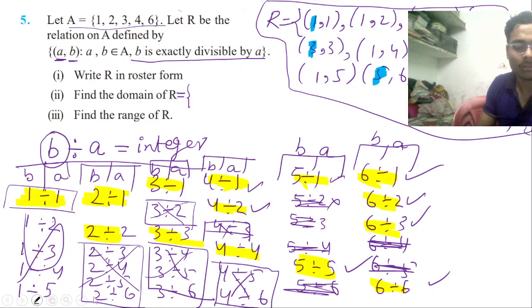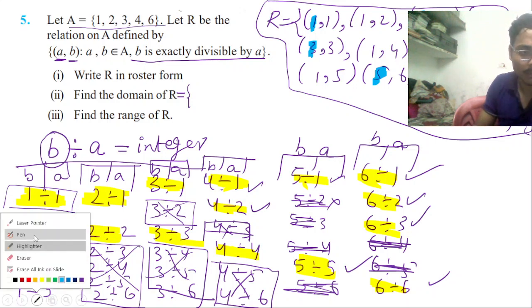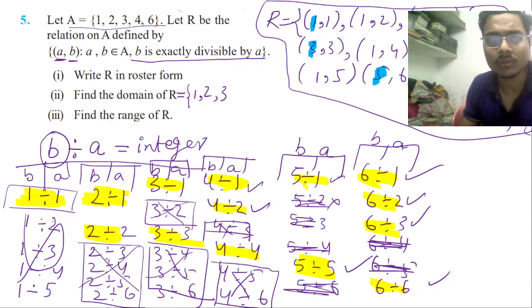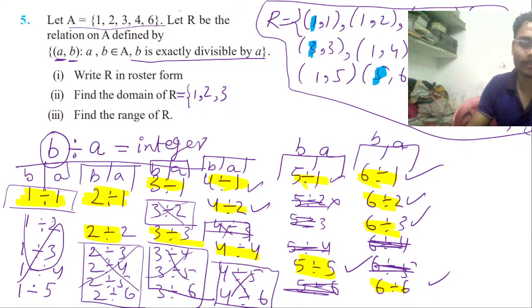So this is the domain because domain is the set of first elements. Okay, so 1, 2, you're not allowed to repeat any element in the set. That's why 1 is coming 2, 3, 4, 5 times here, 6 times actually. So we will not write the 1 6 times in the domain set. If you write 1 time, it already covers how many times it can occur in the relation set. Okay, 4, 5, and 6.